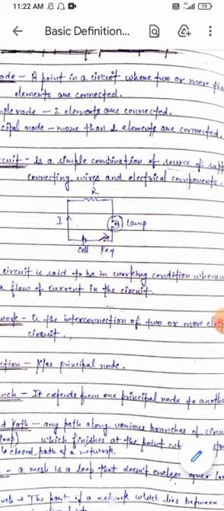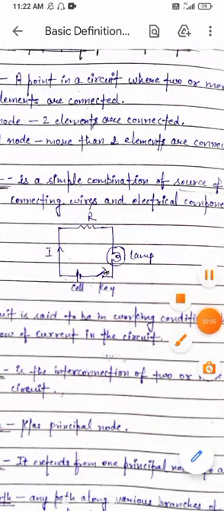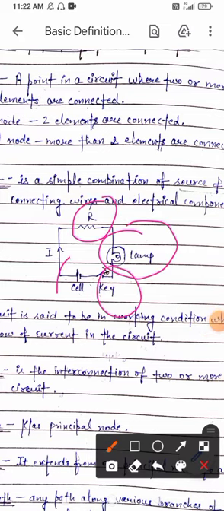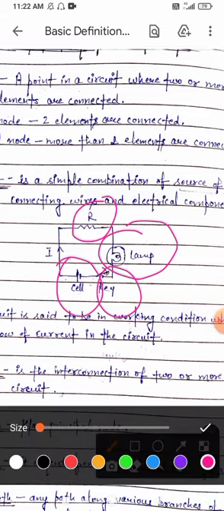See in this figure, a resistor, a lamp, a key, a cell is connected to each other by a connecting wire. This is the connecting wire.